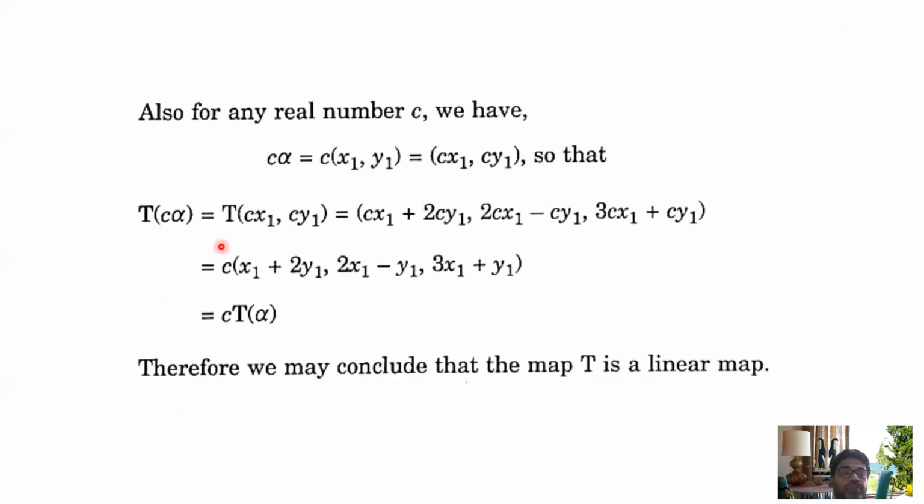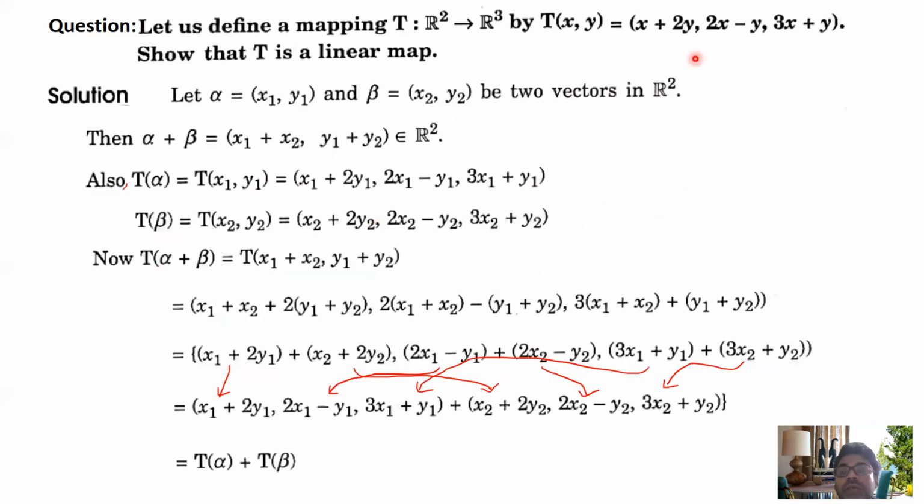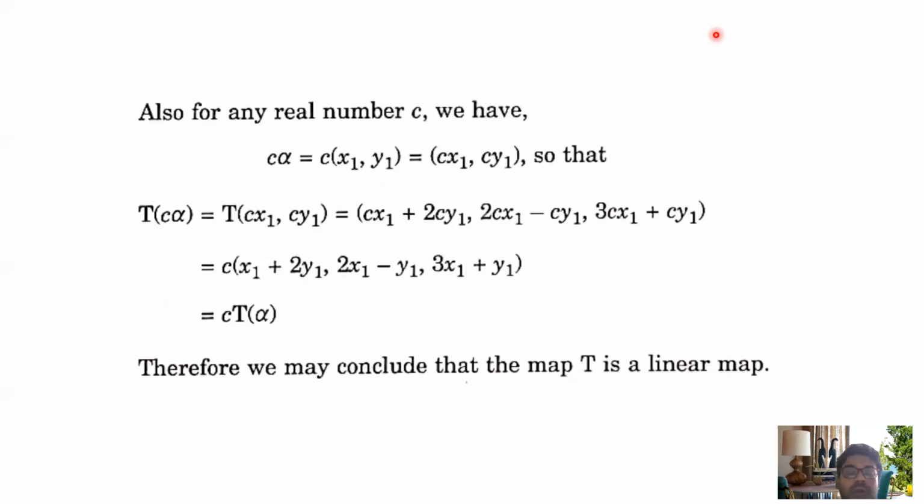Now, for any real number C, we have C alpha equal to (C x1, C y1), so that T(C alpha) is equal to (T C1, T C2). From the same formula, that is (C x1 plus 2C y1, 2C x1 minus C y1, 2C x1 plus C y1).